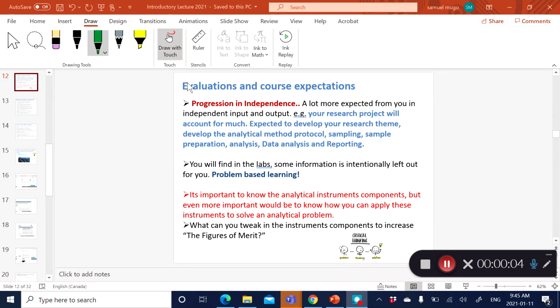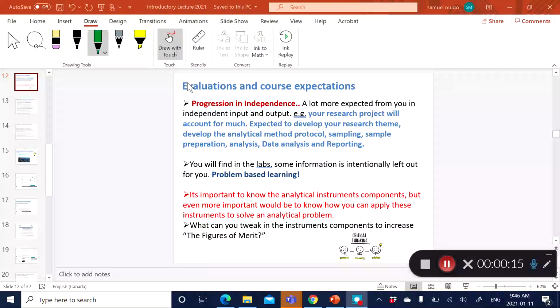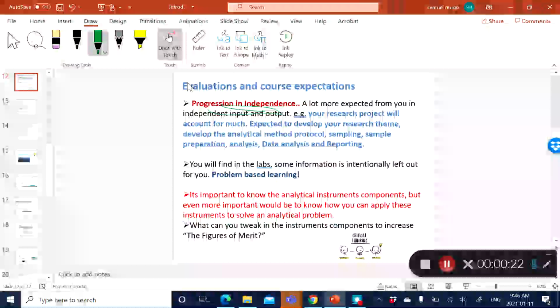In the introductory lecture that I gave last week, I commented that one of the intents of CHEM 311 is to help the students progress towards independence as chemical professionals.